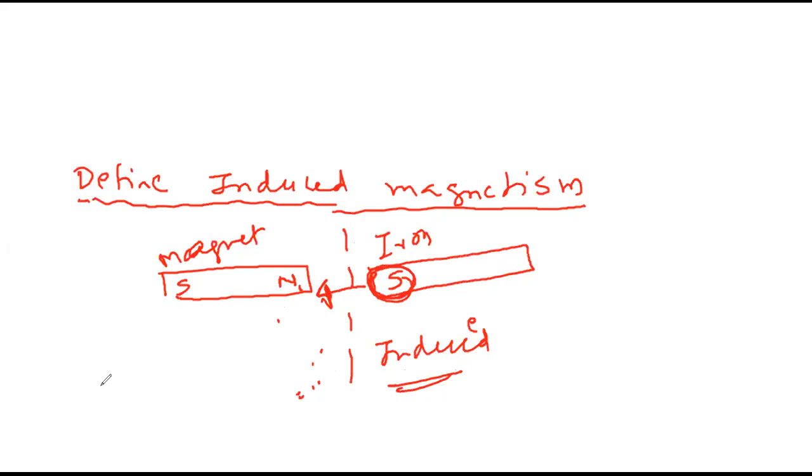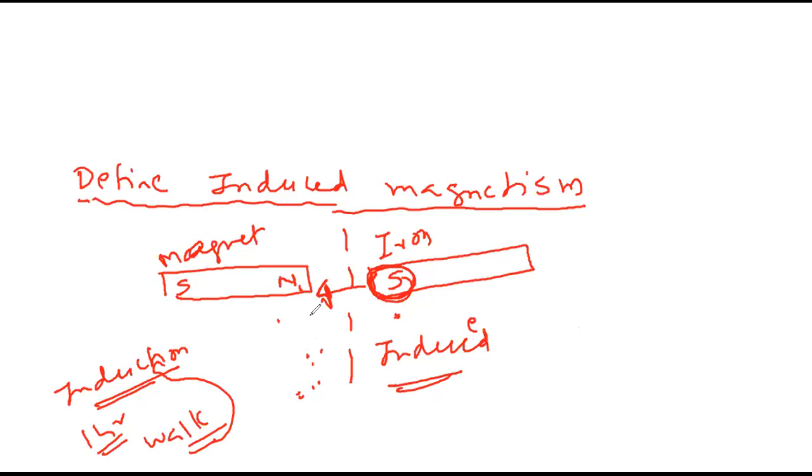If automatically I start thinking of writing in good handwriting, nobody told, that is called induction. Automatically I start walking, that means I go for a walk one hour daily. That automatic phenomenon is called induction. Nobody tells, but somebody is there as a source of inspiration.